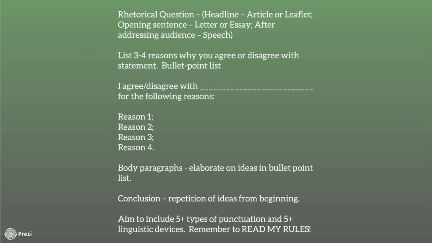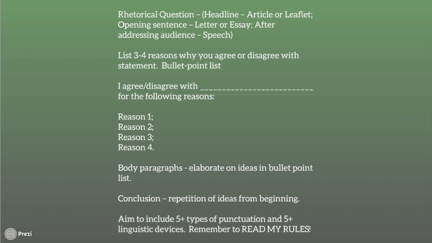At that point, it might be pertinent to answer the rhetorical question at the beginning, or rephrase that rhetorical question so it's slightly different, so that you're leaving a question in your reader's mind at the very end of your answer.